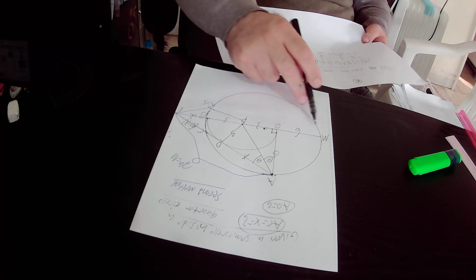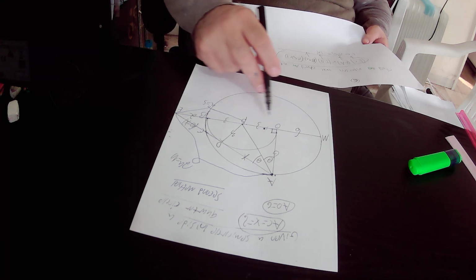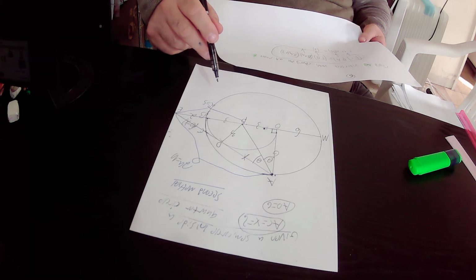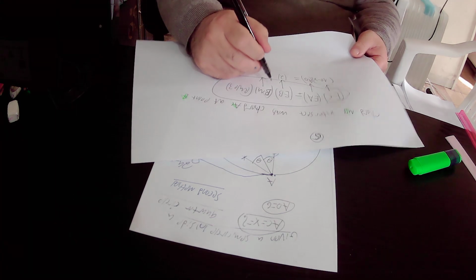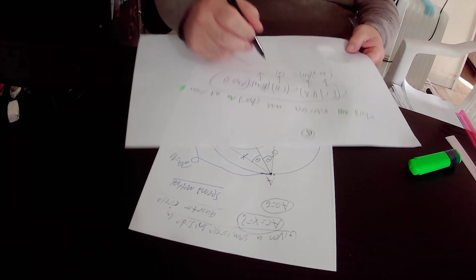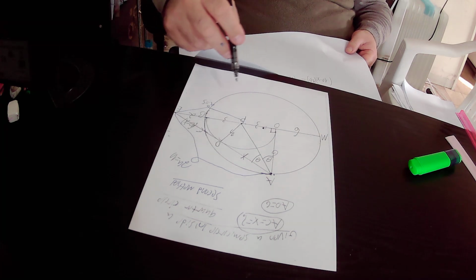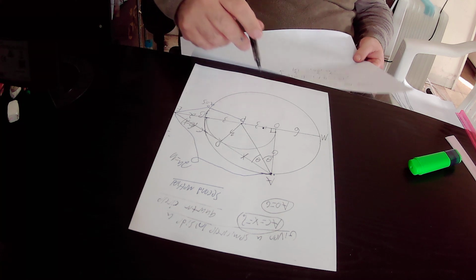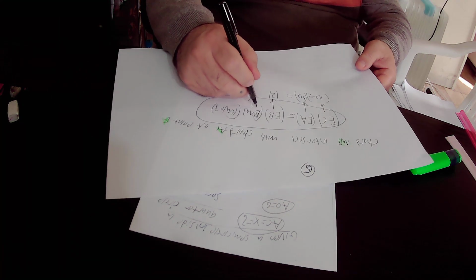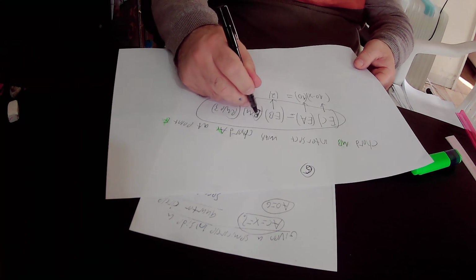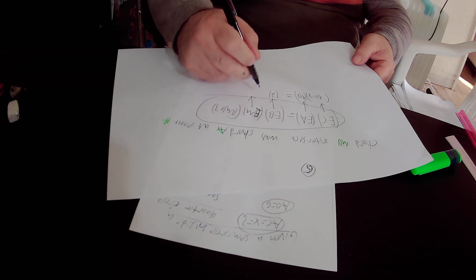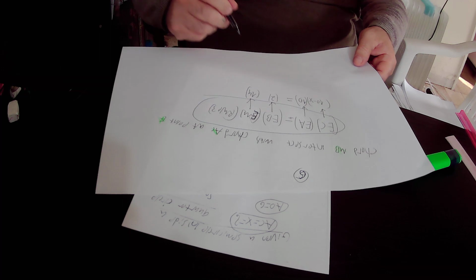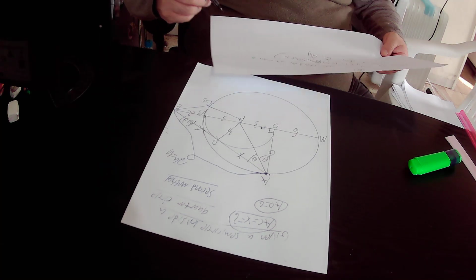So BM is 6 plus, no, it is BE. But BE is 2 units, and here EM is actually EM, and EM equals 14 units.